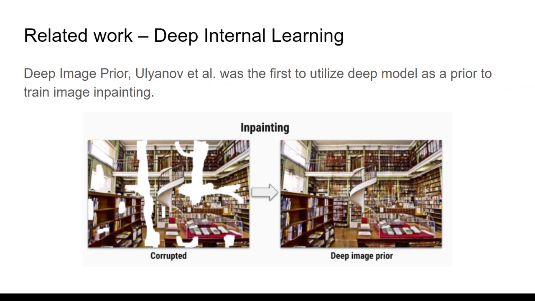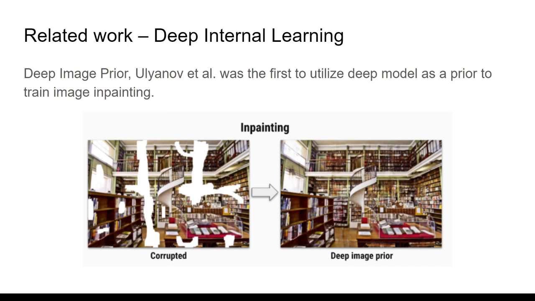Next, I'm going to introduce another part of our related work, deep internal learning. Training a deep convolutional neural network only on a single image has shown effectiveness in various image generation tasks, such as super resolution or texture synthesis.